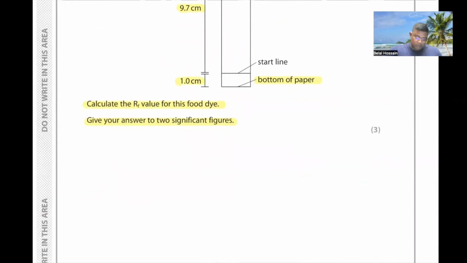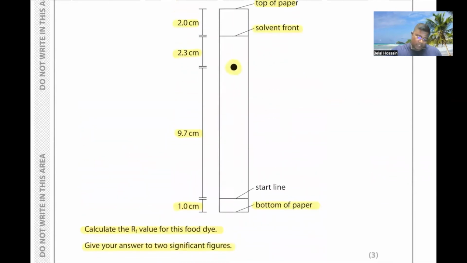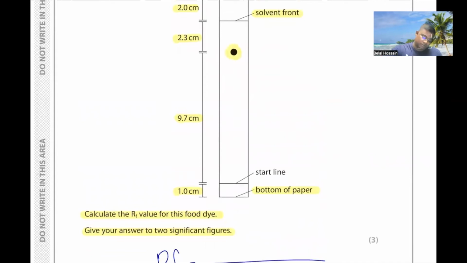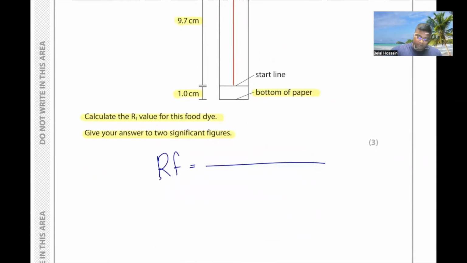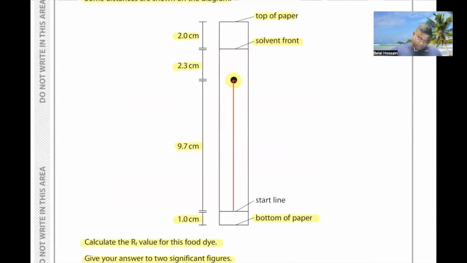Okay, so we know RF value is the distance traveled by the solute divided by the solvent. So distance traveled by the solute here is 9.7 centimeter. We will measure this particular line until the center of this particular dot. So that is 9.7 divided by the total distance traveled by the solvent from the starting line.